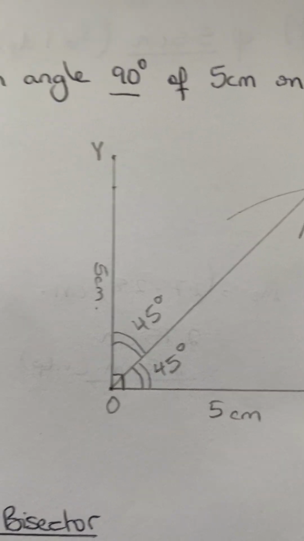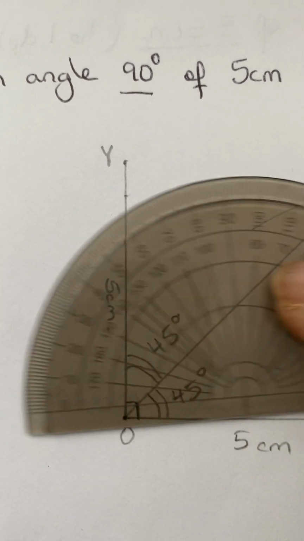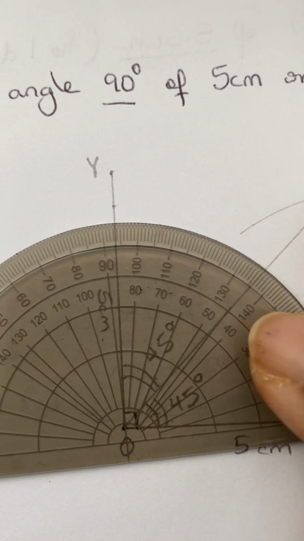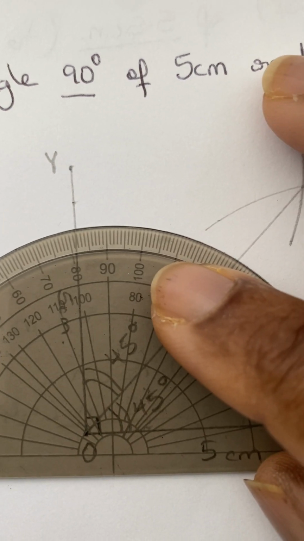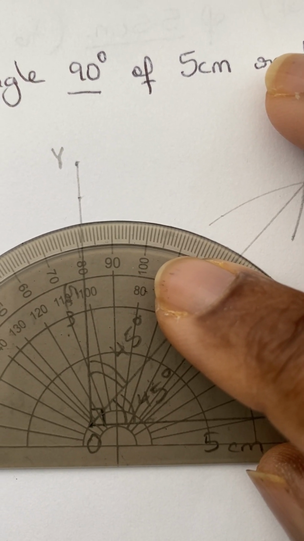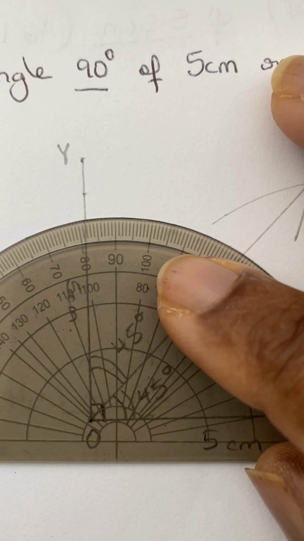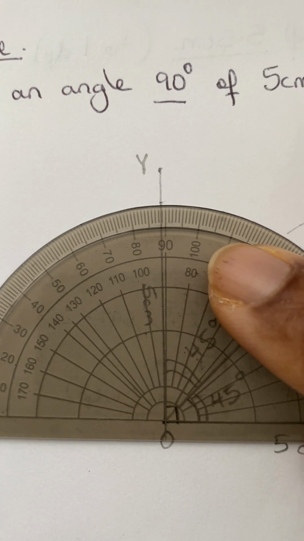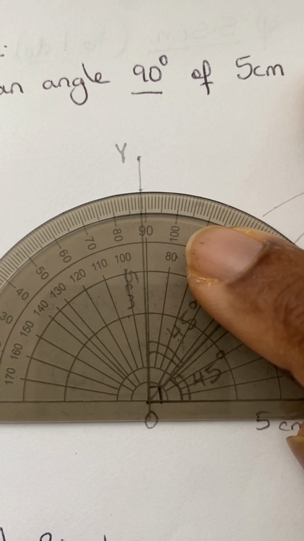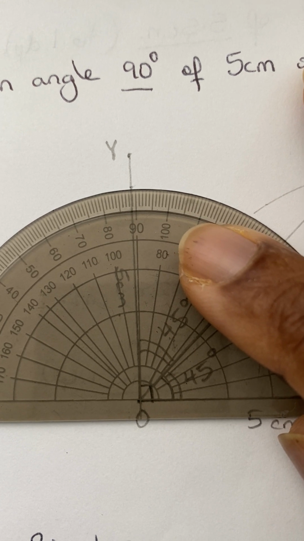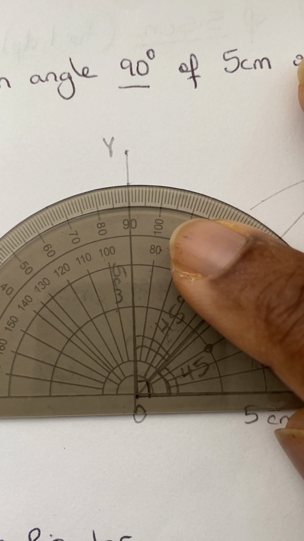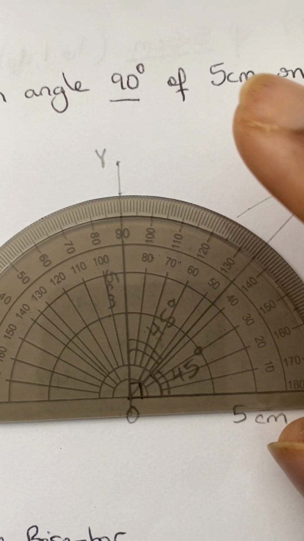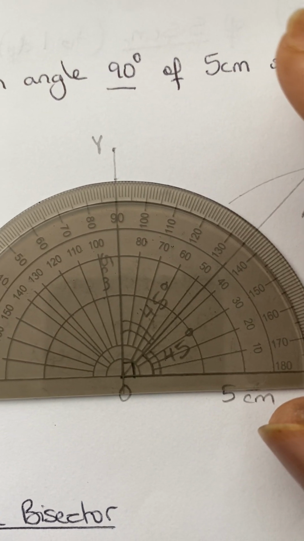Here we know that is 5 centimeters. So what do we do? We measure the arc 90 degrees. So as you can see here, this is 90 degrees.